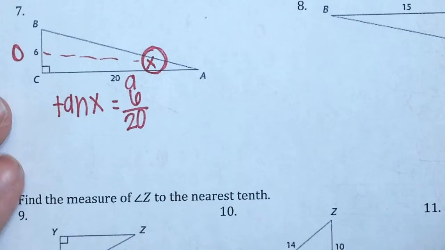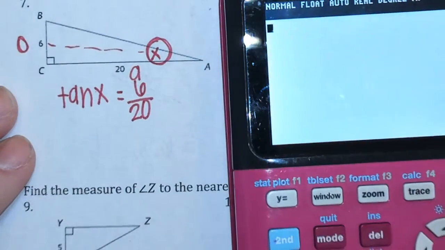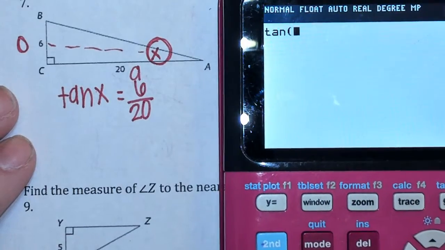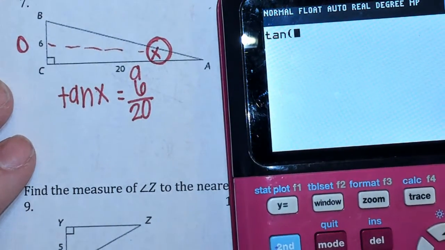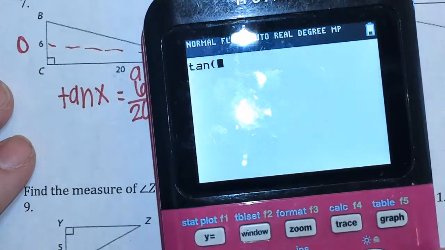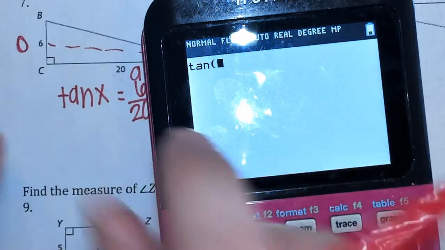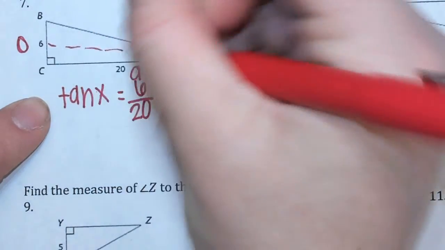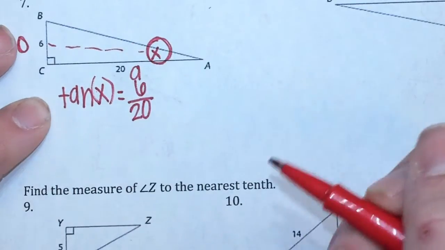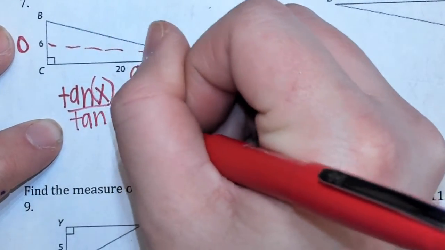You cannot just plug this in your calculator. Tangent and x. Do you notice every time you type in tan, sine, or cosine in your calculator, it opens a parentheses? That's because every time you're using tan, sine, or cosine, you have to have an angle measure beside it. They're stuck together like glue. So if you're solving for x, then you have to divide both sides by tangent.